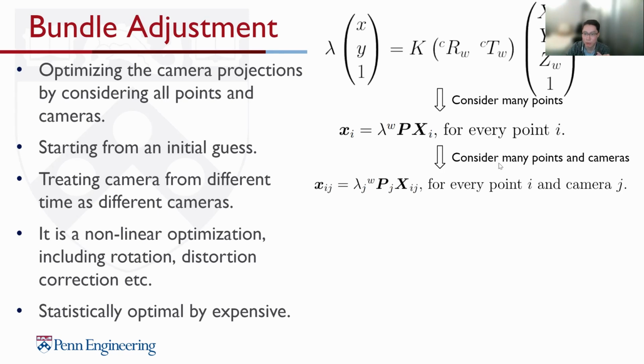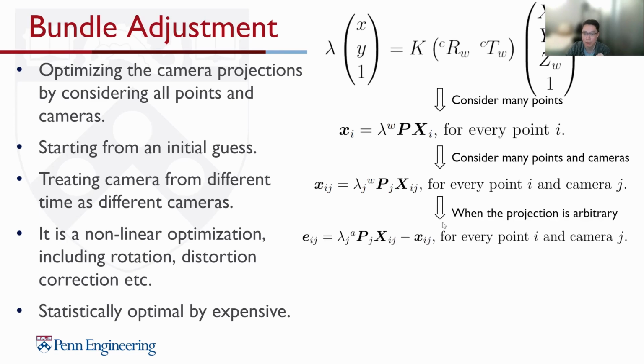Next, we consider many points and many cameras. Remember, old cameras are not old cameras, they are just cameras at different positions. And we probably have some overlap between the two frames. So camera j would have a different set of points and a different projection because it's at a different location, and it may have a different scale factor and different pixels, but they would probably overlap at some pixel locations, right?